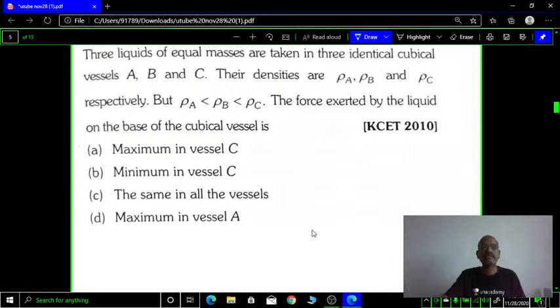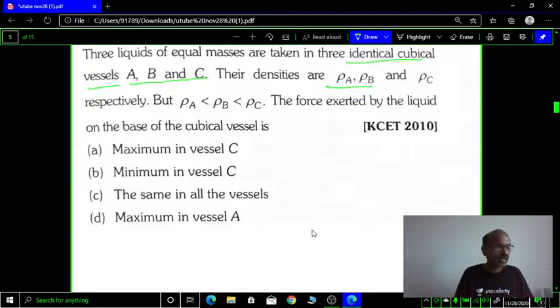Right? Here it is. 3 liquids of equal masses are taken. See that properly first. 3 liquids of equal masses in 3 identical cubical vessels A, B, C are taken, equal masses.